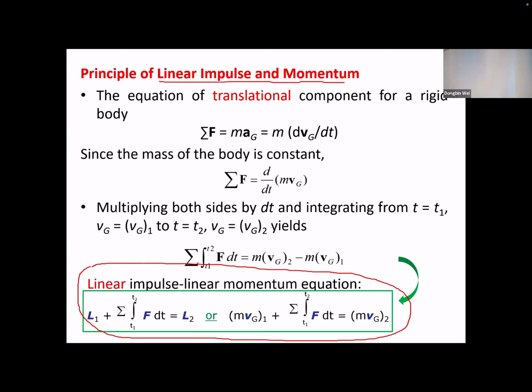It tells you the initial linear momentum of a rigid body plus the linear impulse in a time duration from T1 to T2 on the rigid body should be equal to the linear momentum of this rigid body at the final state.